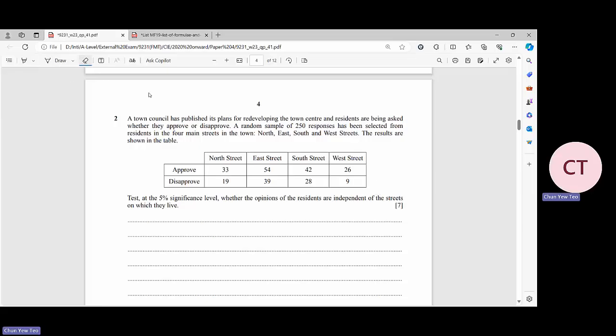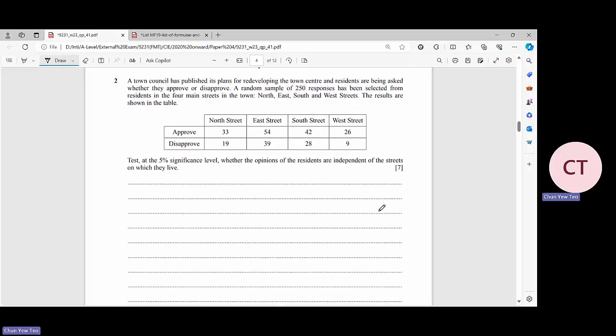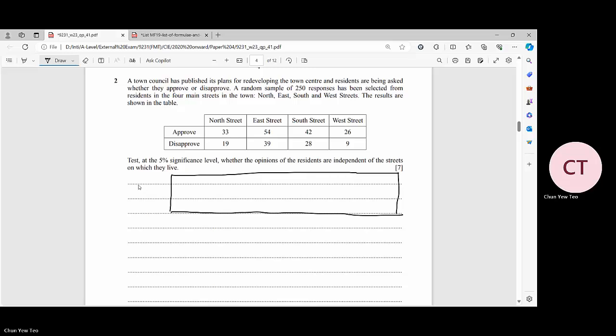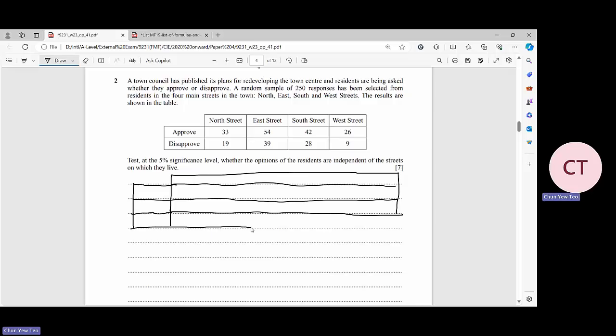So over here, usually I will redraw this table. I will extend it with one more row here.